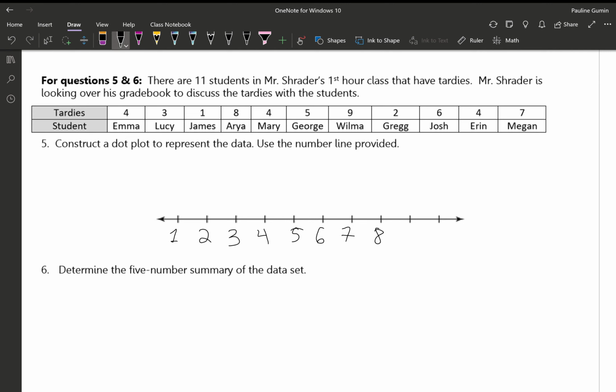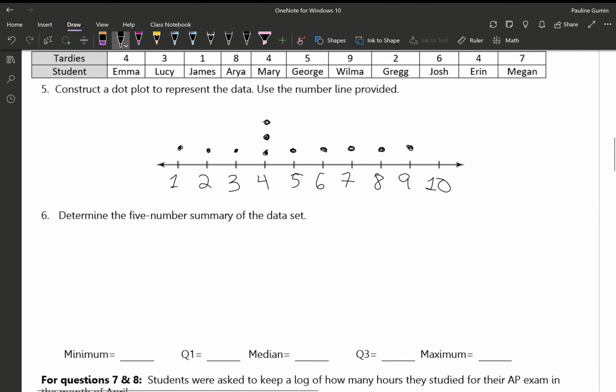There we go. 9 and 10. Beautiful. Okay, let's make some dots. Emma is 4, Lucy 3, James, Aria, Mary, George, Wilma, Greg, Josh, Aaron, and Megan. So there's our little dot plot.